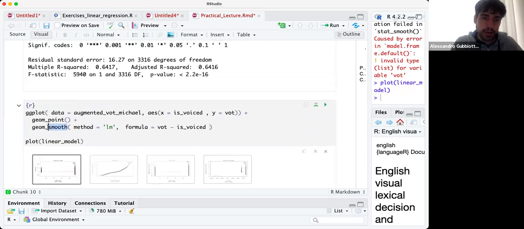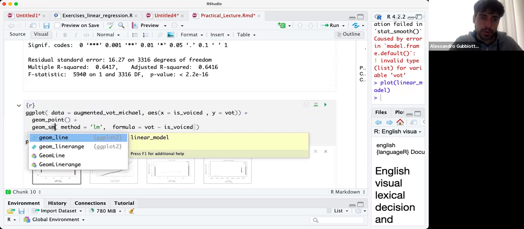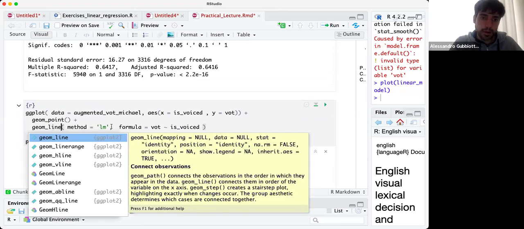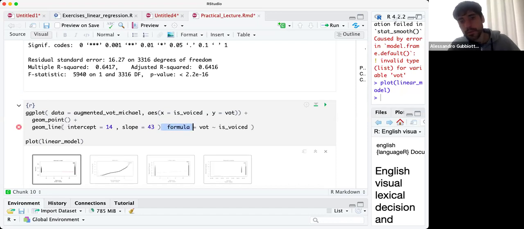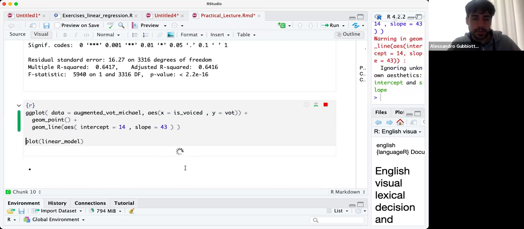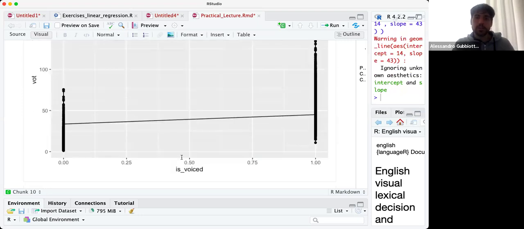So I will take geom line, and I will put the slope and the intercept. The intercept was equal to 14, something like that, and the slope was equal to 43, something like that. And use the command aesthetics. Okay, so this is our guess.